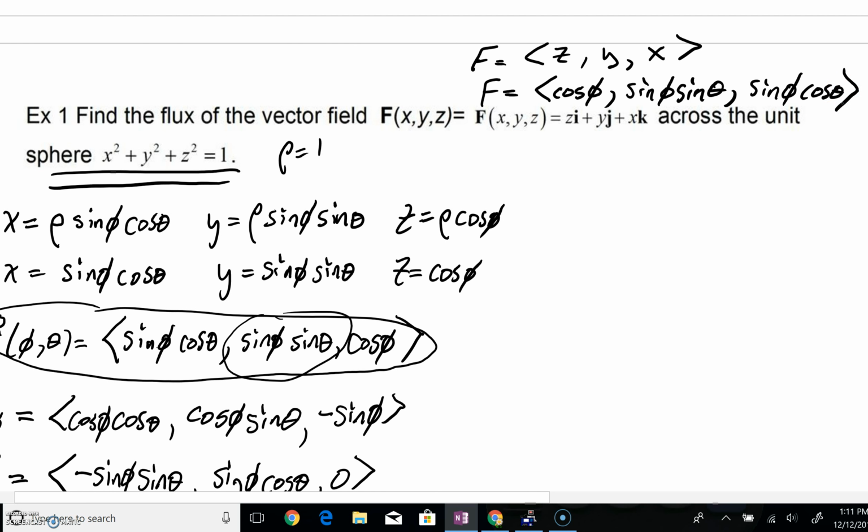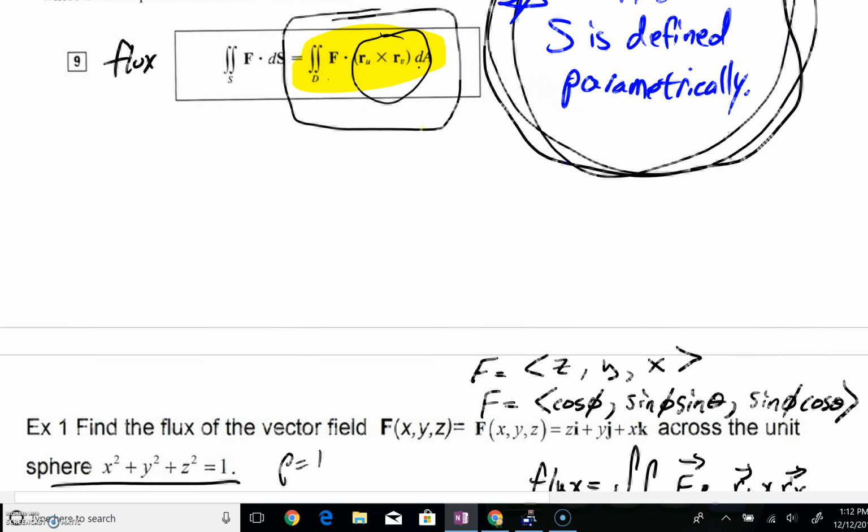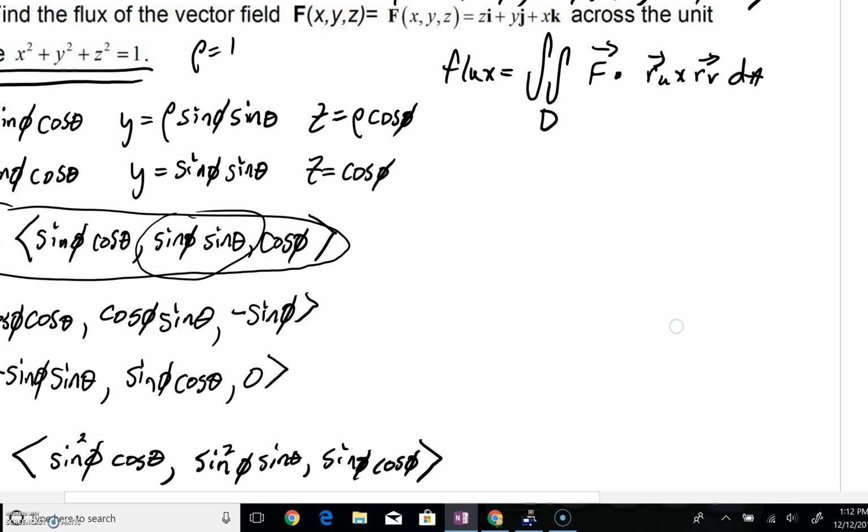Okay? So at this point, what we're going to do is come back and realize that our flux was this double integral where we're going to have F dotted with that cross product that we just came up with. And you can notice that that's dA over D, because as we're looking at that, we're going to say that the D is really the region that our parameters are going to be representing that surface.